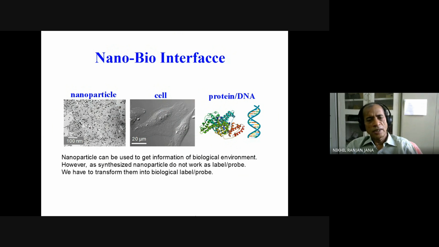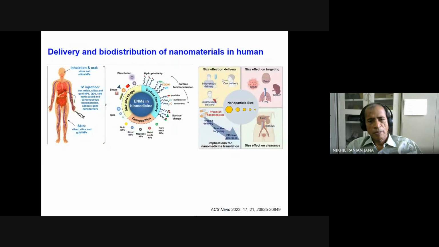So you have to design nanoparticles in a way that they can interact with cells, enter into cells, and be delivered into different subcellular compartments, then interact with some biomolecules, proteins present there. How can we make particles? You have to make particles in a way that they can interact as per our interest.